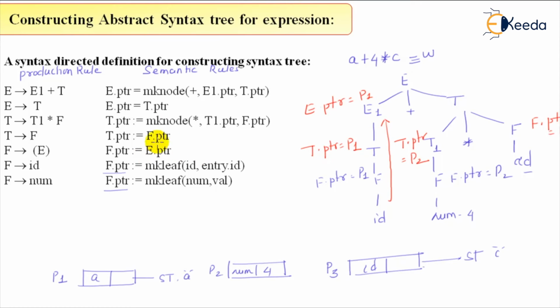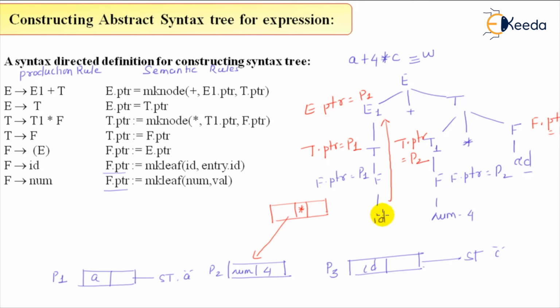Now t star f, what does it say? Make node, so we'll make a node over here. This is my node, and that node will consist of a star and t1 dot ptr. So t1 dot ptr is what? p2. So this will point here.